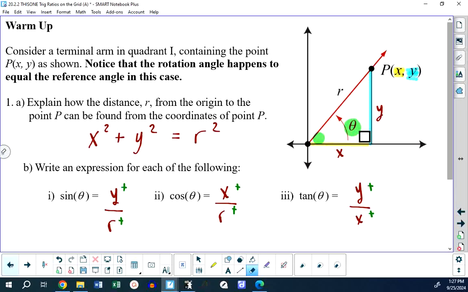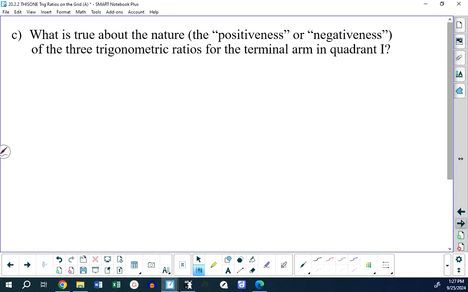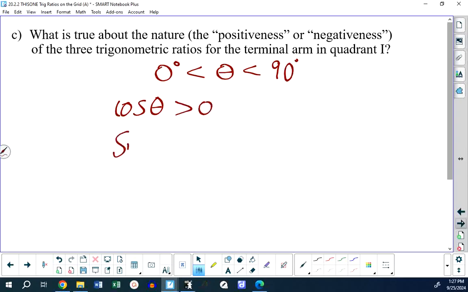Let's write that down as an answer: if this is the case, cosine of theta will always be positive, sine of theta will always be positive, tan of theta will always be positive.